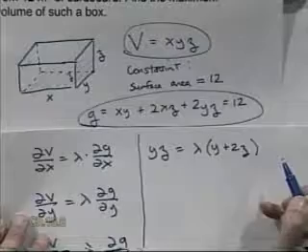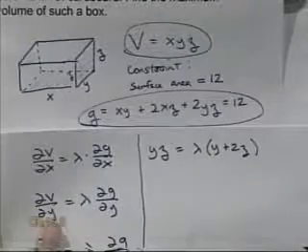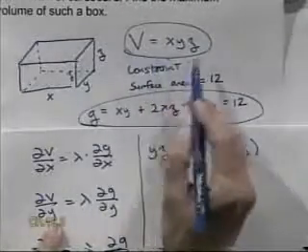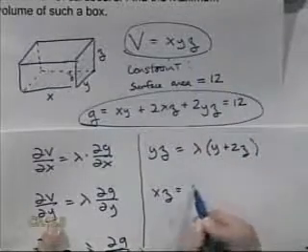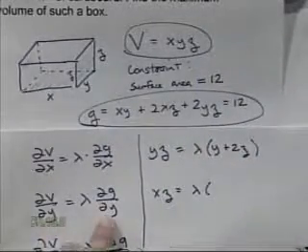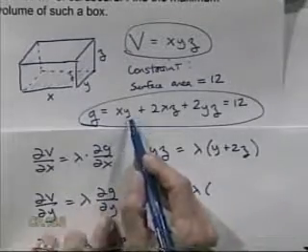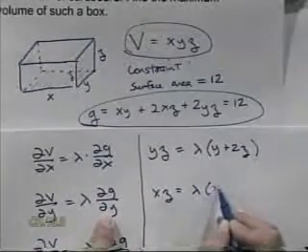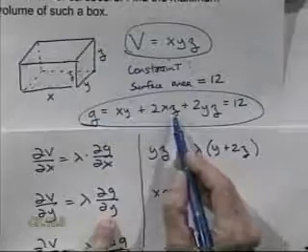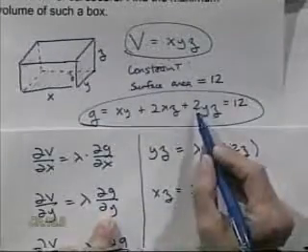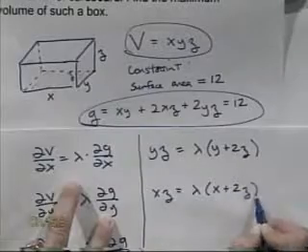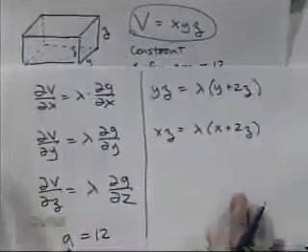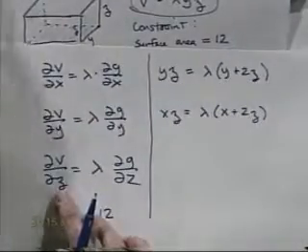You all with me? Okay, now I've got to do the partial of v with respect to y. Well, if v is xyz, the partial of v with respect to y is xz. And that must equal lambda times, what's the partial of g with respect to y? Well, the partial of xy with respect to y is x. Partial of 2xz is 0 with respect to y. Partial of 2yz is 2z. Then we have to do the partial of v with respect to z.